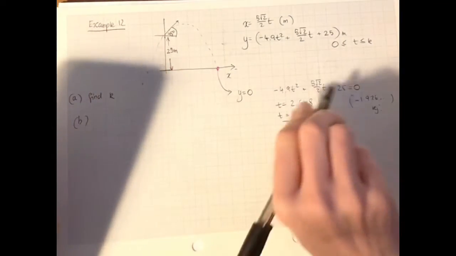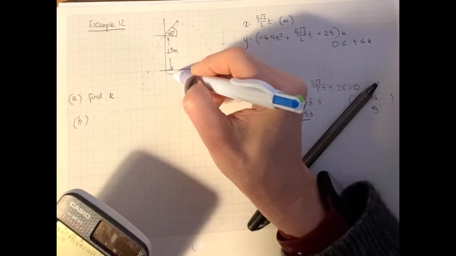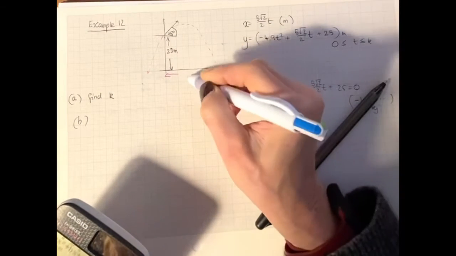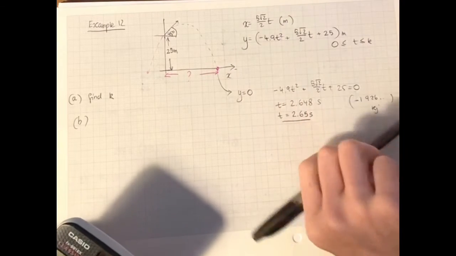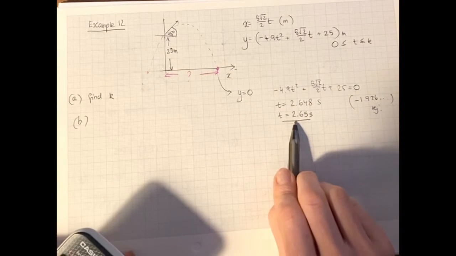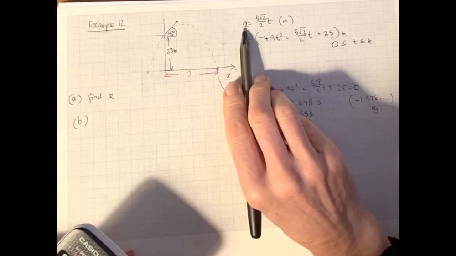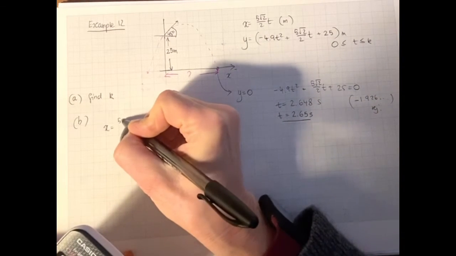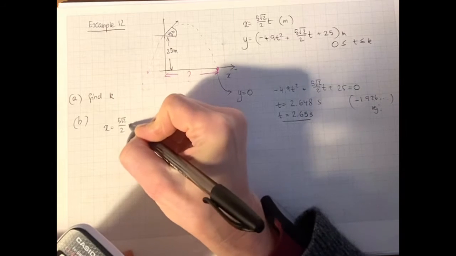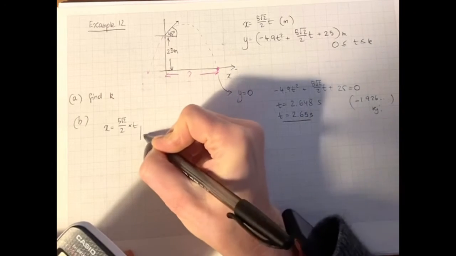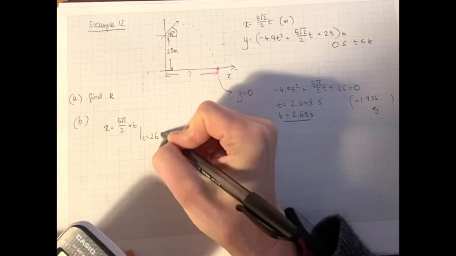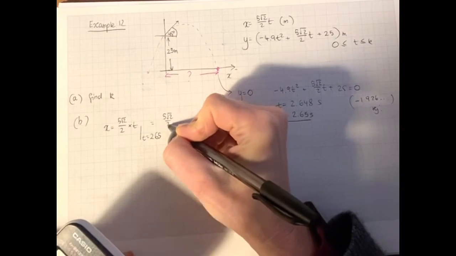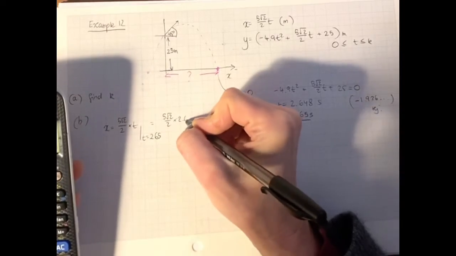So what is the horizontal distance that it covers from the moment it was thrown to the moment it reached that point? So we just need to substitute t into the equation for x. So x is equal to 5 root 2 over 2 times t. So t is equal to 2.65. So this gives me 5 root 2 over 2 times 2.65.